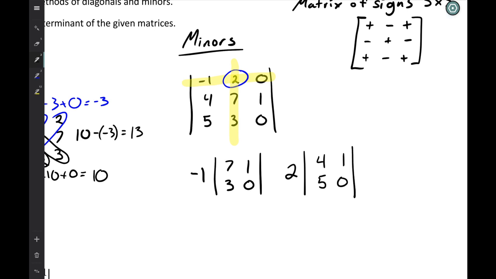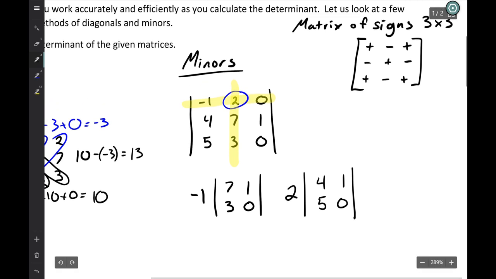Now here's where it gets a little bit wacky. You have to use this matrix of signs, and that determines the signs that you put in front of your calculations here. Okay, so the first one was a plus, so I have a plus outside here.